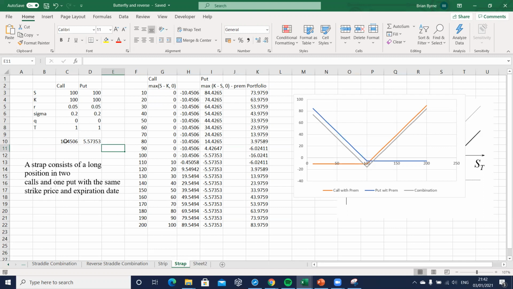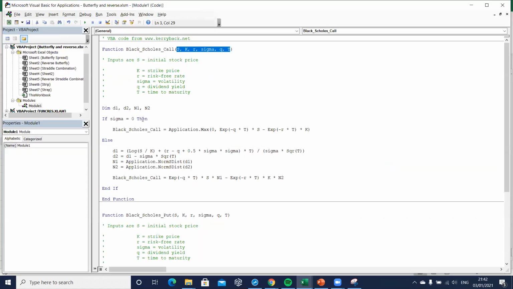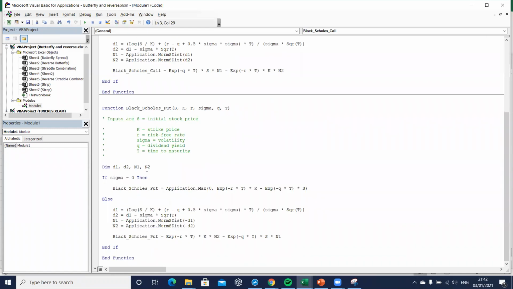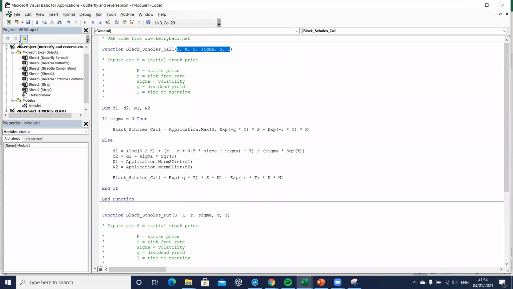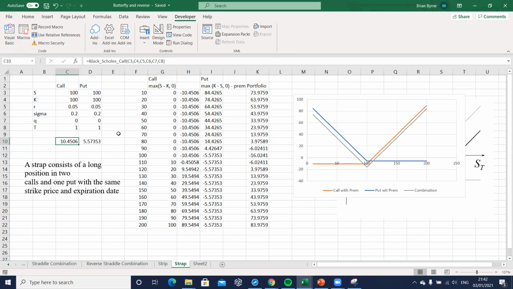We will use Black Scholes to estimate the premium. It's important that when we set out these diagrams, we include the premium, and we're using Black Scholes, which we have here also in VBA code. You'll find that in the link below to the straddle strategy. I'll leave a hyperlink below the video.